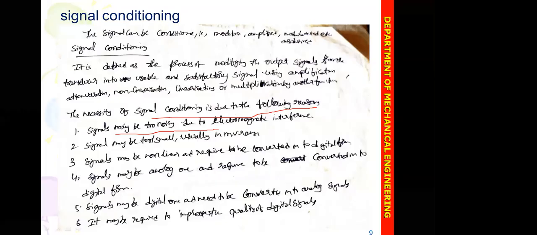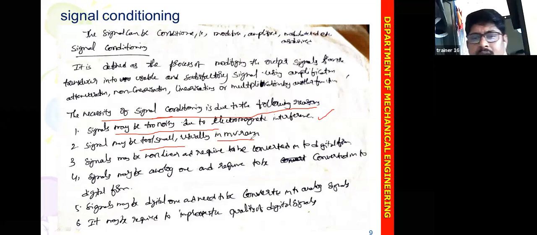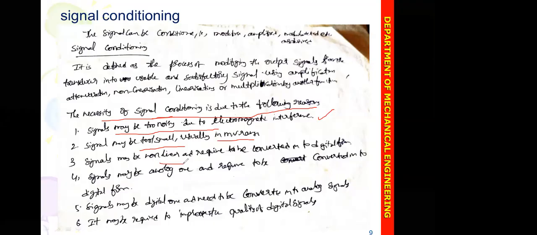That is the necessity of signal conditioning, for the following reasons. One by one. The first one: the signal is too noisy. If the signal is too small, in the millivolt range, we need amplification. If the signal is too small and not readable, we have to go for amplification. And if the signal is non-linear, we have to convert it into linear.